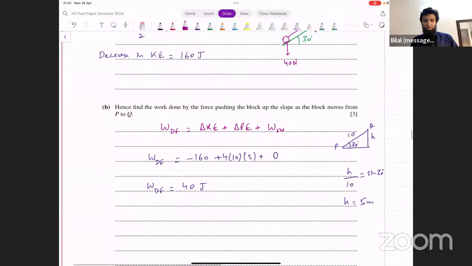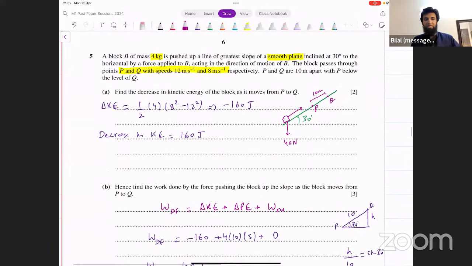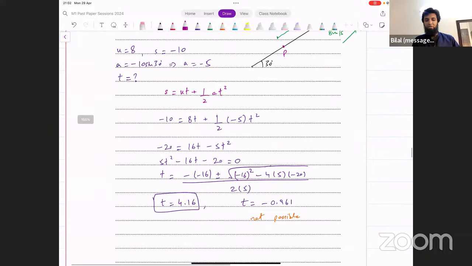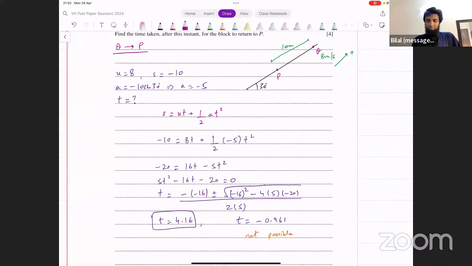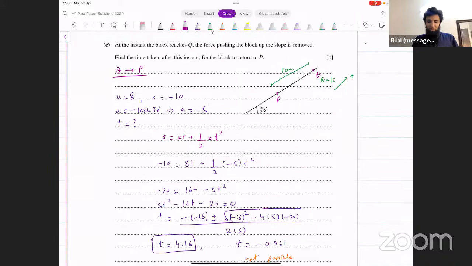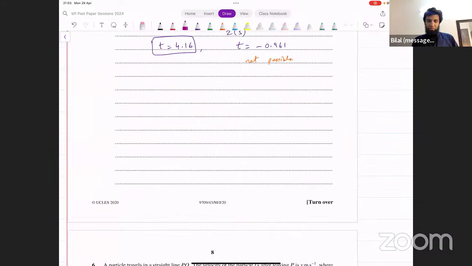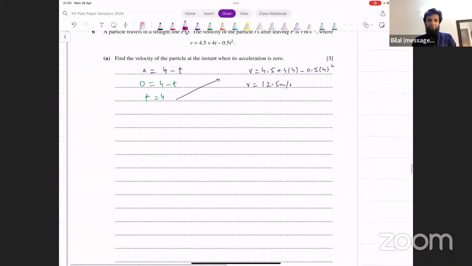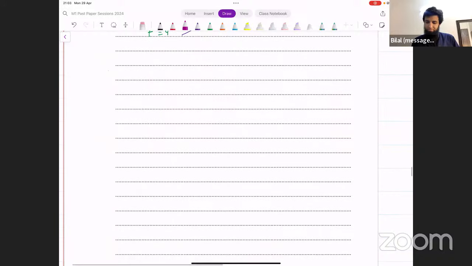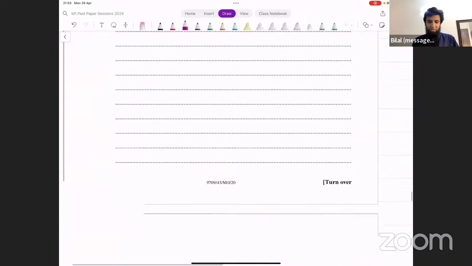The more difficult ones are where you have to use constant acceleration formulas, because this sometimes comes along with momentum. Sometimes it comes with Newton's laws of motion. In this case, it's also coming with energy, and that becomes more complicated. These equation questions are mostly relatively straightforward, and in this case as well, it was not that difficult.